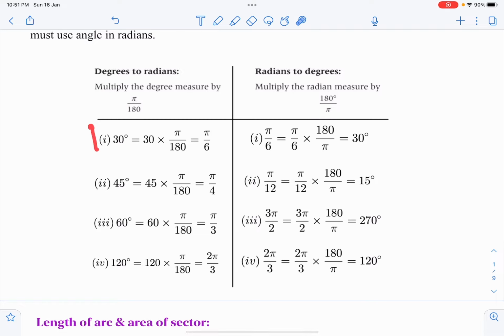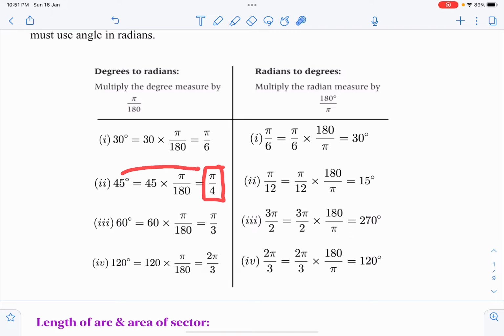Look at the first example, 30 degrees. I multiply 30 degrees by pi over 180 and I get pi over 6, which is in radians. So 30 degrees in radians is pi over 6. Second example, 45 degrees: multiply 45 by pi over 180 and the answer is pi over 4.